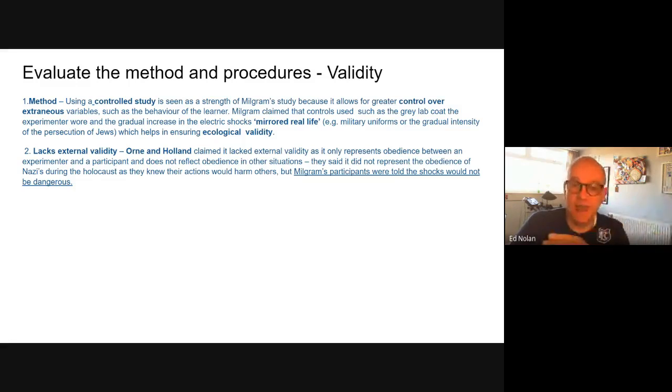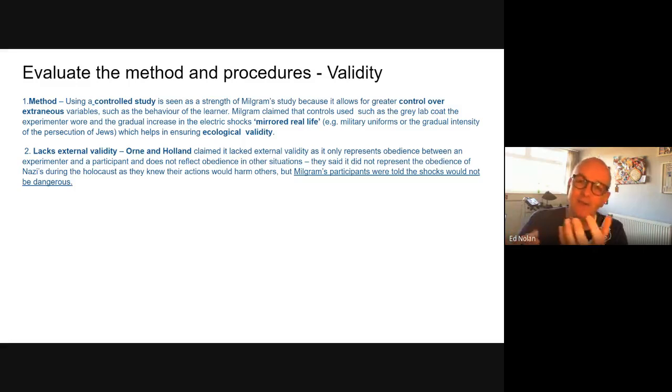And so we can't take what happens at Yale University with a researcher and a participant and use that to explain what happened with other groups of people. So it lacked ecological validity. It was too artificial.